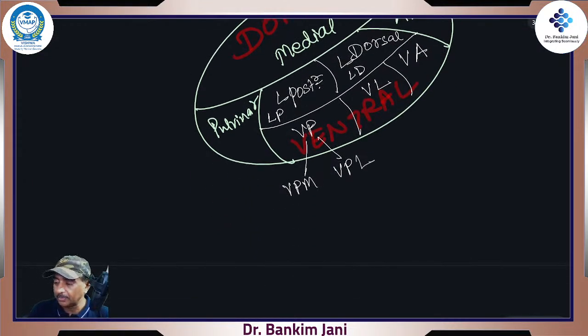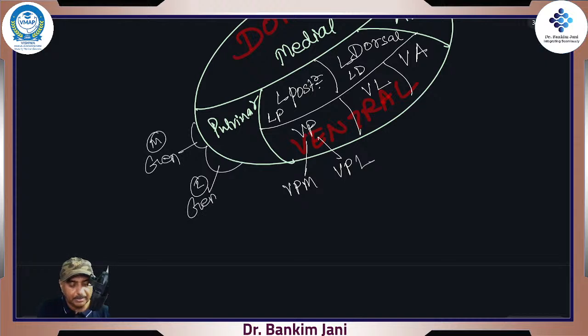Then we should add those two, right? The geniculate bodies, the medial geniculate body and the lateral geniculate body. And then they will be connecting to: medial will go to inferior colliculus, and this one will go to superior colliculus, right?